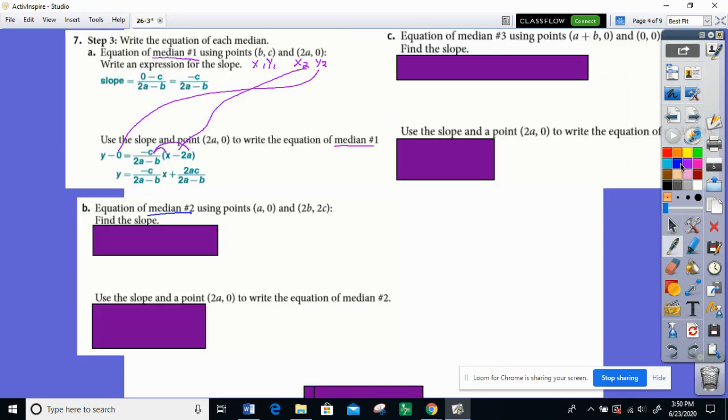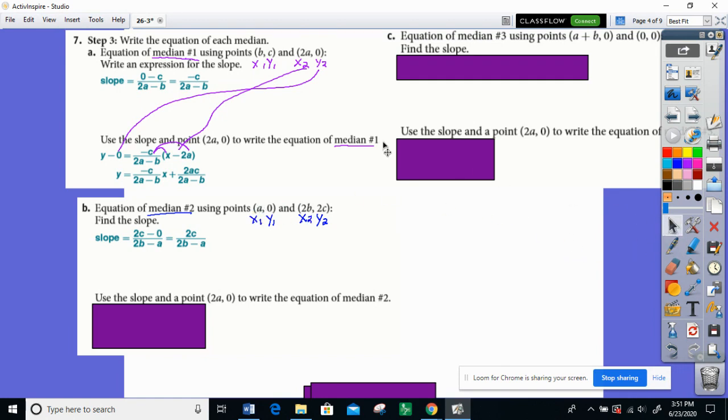So same steps as before. Find the slope. So it's y2 minus y1 divided by x2 minus x1. So that's in the numerator 2c, in the denominator 2b minus a.